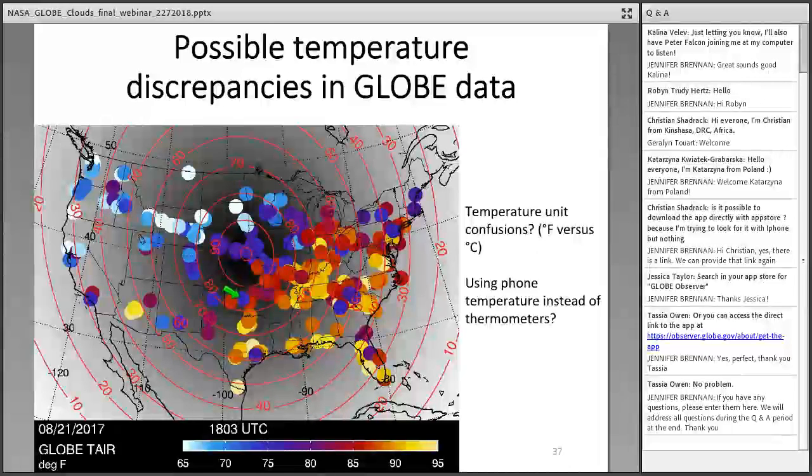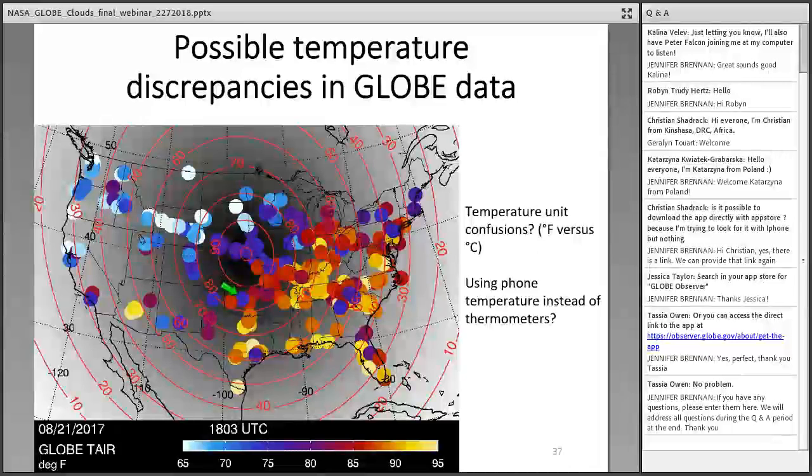However, there's one person here who's recorded a temperature of about 75 degrees Fahrenheit or so. That's suspicious. We don't expect a temperature difference across the state of Oklahoma to be that large over the eclipse event. So this particular observation probably has an error of some kind involved.